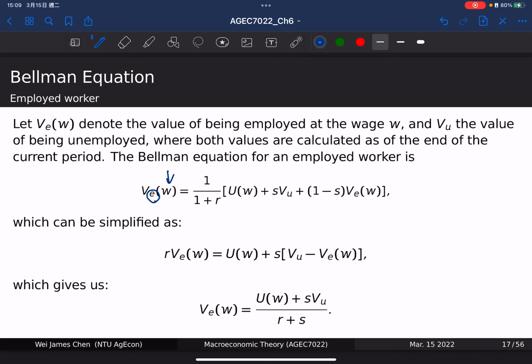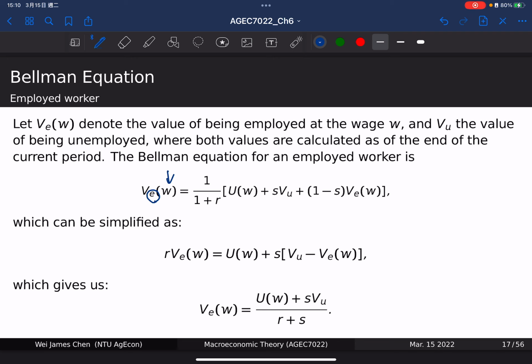I say the Bellman equation is going to be like this. The value of receiving a wage offer w is going to be 1 over 1 plus r, that's just the discounting, times the value of receiving w for one period plus the separation probability times V_U.